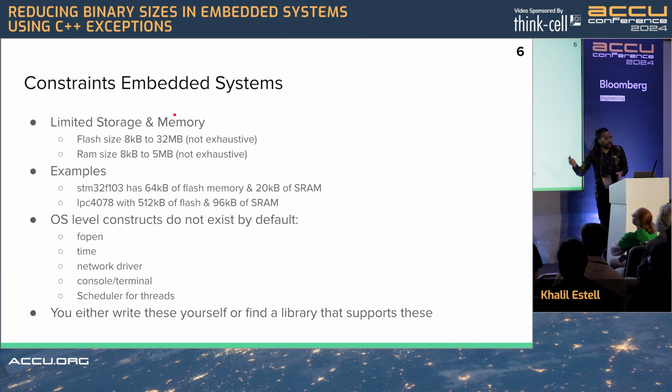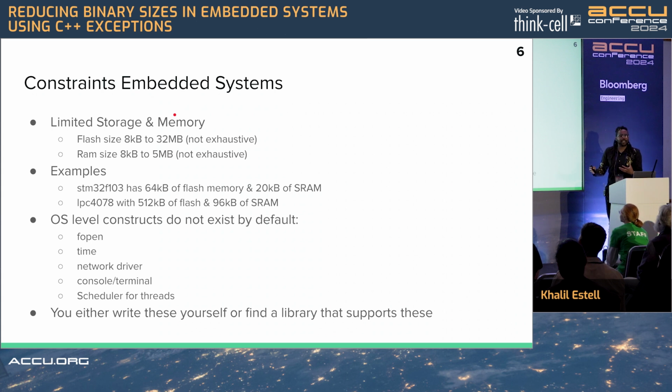A very common device is the STM32F103, which has about 64 kilobytes of flash, containing all your strings, read-only memory, text, code, and about 20 kilobytes of SRAM. The LPC4078, which is featured on that board that I made, one of my favorite chips as well, has 512 kilobytes of flash and about 96 kilobytes of SRAM.